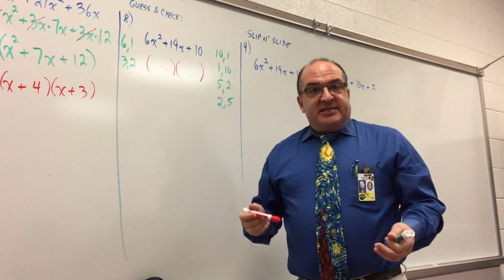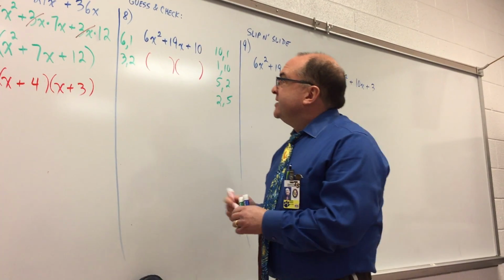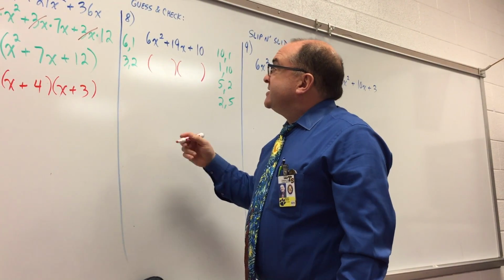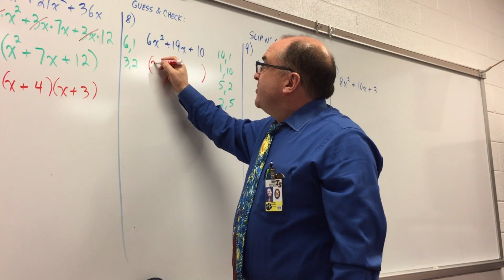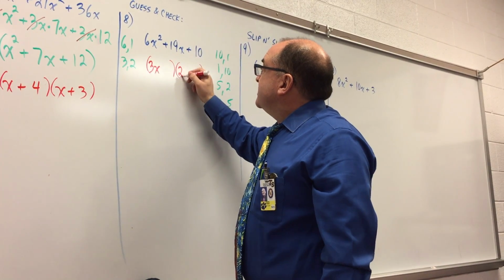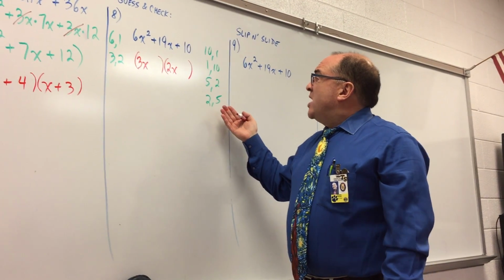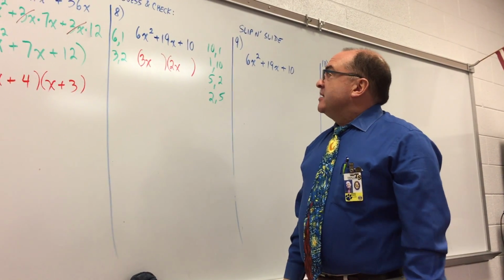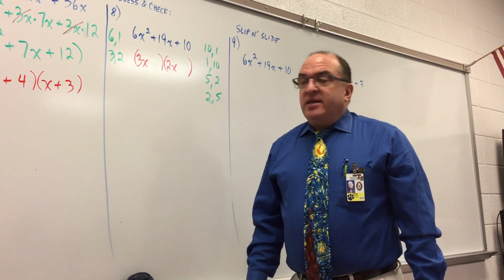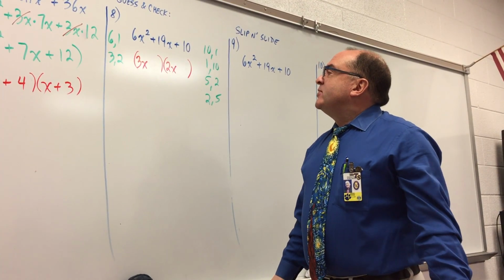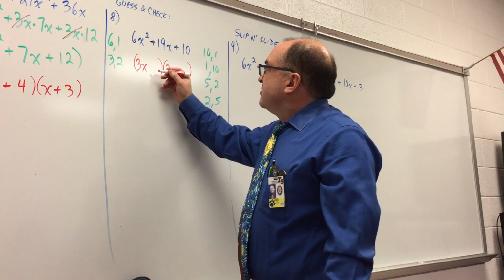So I say guess and check, which means what times what makes 6. I'm going to start with 3x times 2x. What times what makes 10? Well, let's say we just guessed 10 and 1.